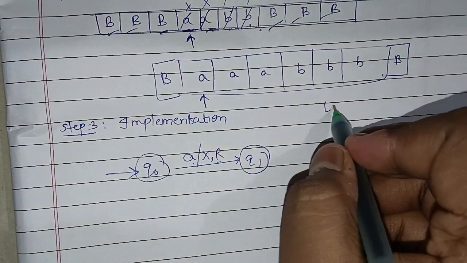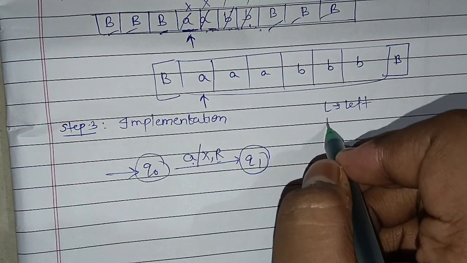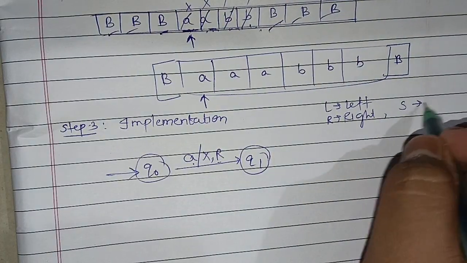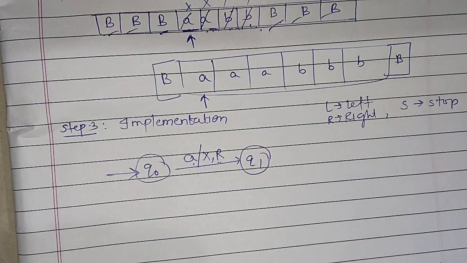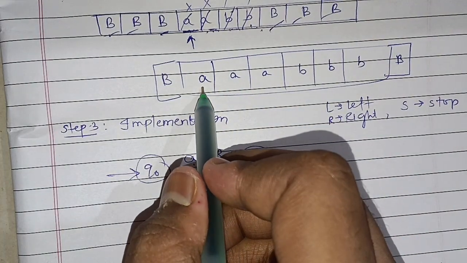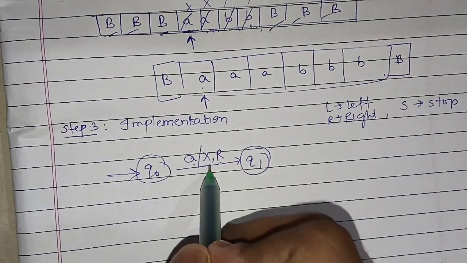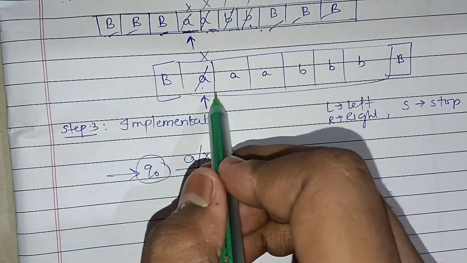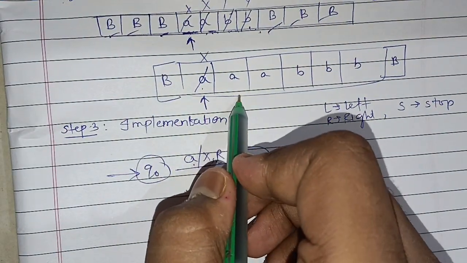Here L is left, R is right, and S is stop. So when I receive a, I make it X and I move right. Now I got again an a.